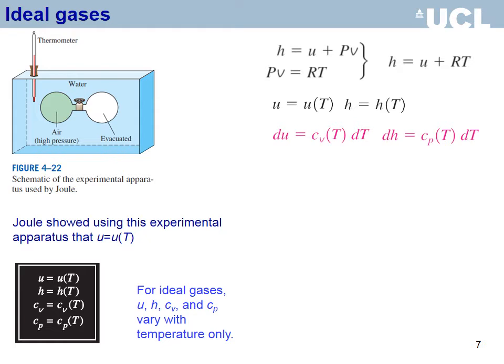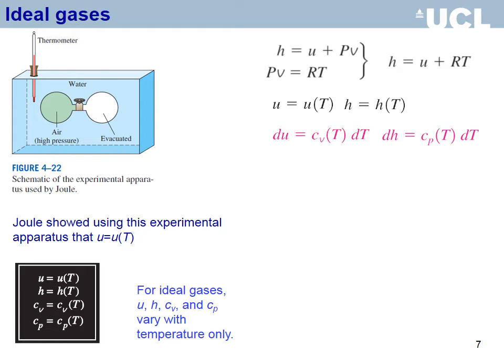For ideal gases, which are a very specific case, internal energy and enthalpy are functions only of temperature. True, ideal gases don't exist, but in a lot of situations, we can approximate real gases as ideal gases. So, for instance, if we take air at reasonable pressures, around 1 atmospheric pressure and around room temperature, we can approximate it as an ideal gas.